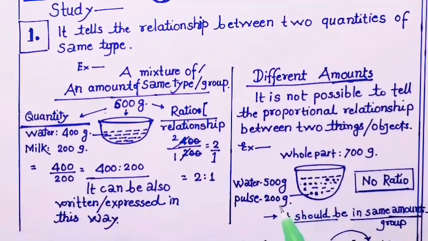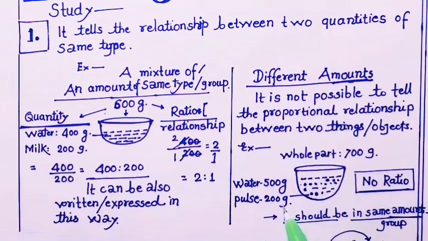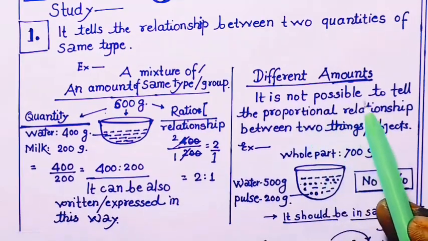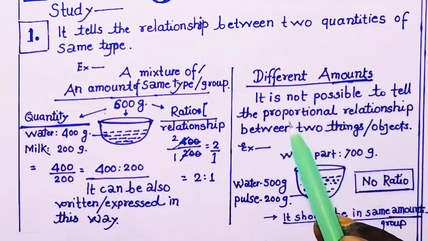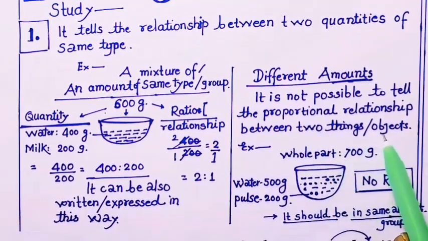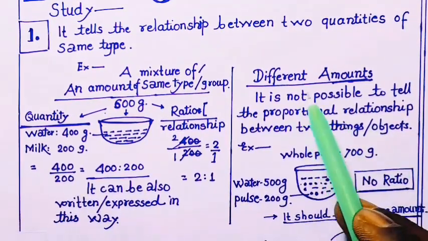These numbers cannot be changed into the number of ratio because these are not the same in their group. So it is not possible to tell the proportional relationship between two things, two objects in different amounts.